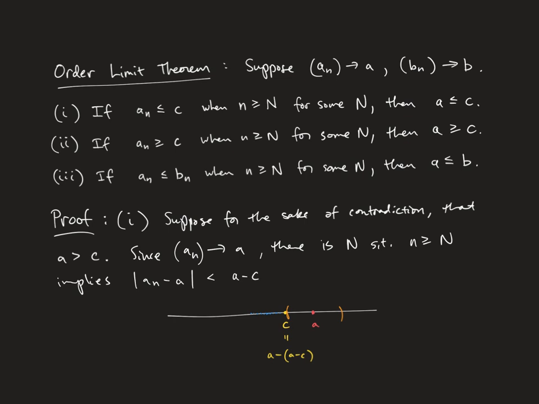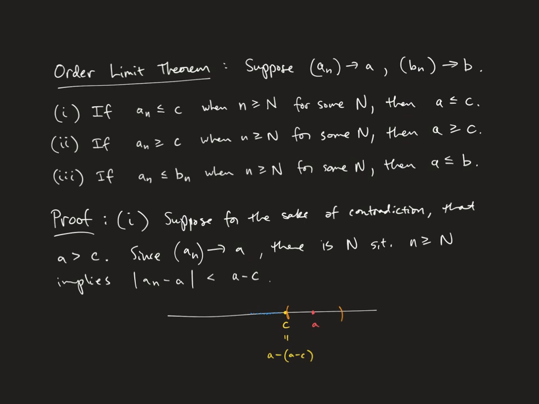That A minus C is some positive number. The problem with this is that the a_n's have to be in here somewhere. In other words, the a_n's are going to have to be bigger than C. So somehow we should be able to see that the a_n's are bigger than C by playing around with the inequalities that we have. We know that the a_n's are less than or equal to C, and C is less than A, right?